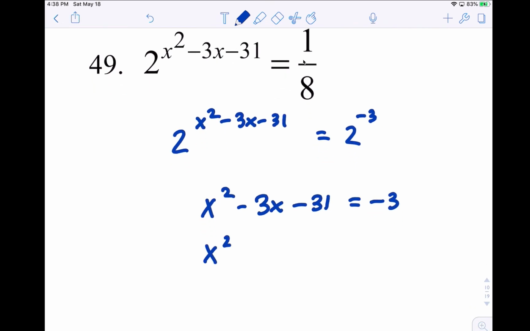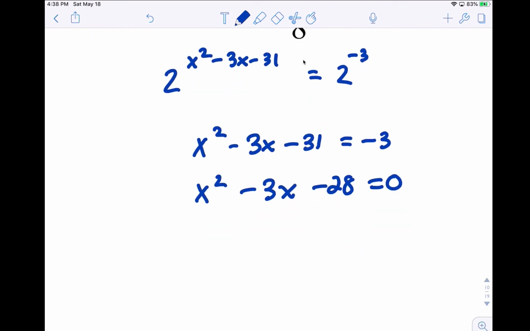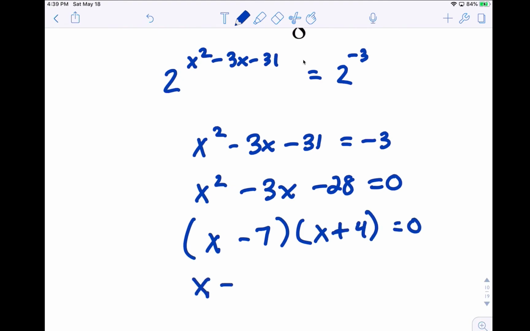So that's now x squared minus 3x minus 28, which is then x plus 7. Nope, sorry. Minus 7, and then x plus 4. So my answers are 7 and -4.